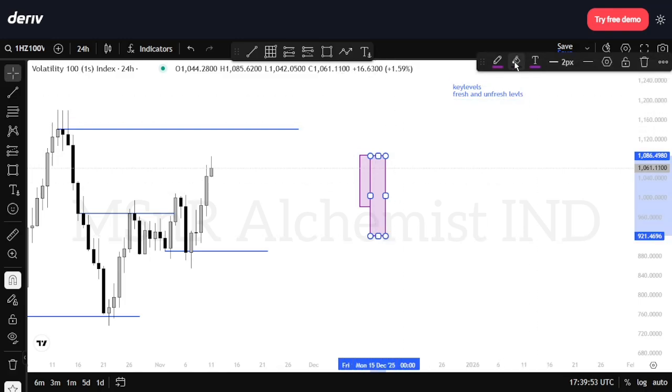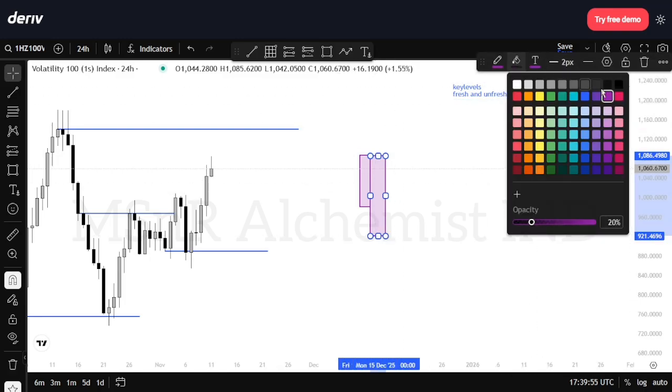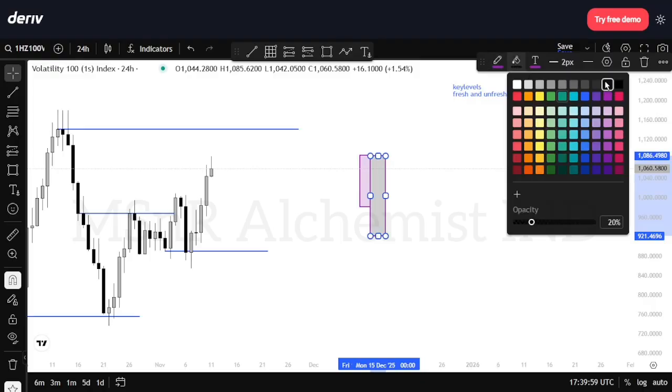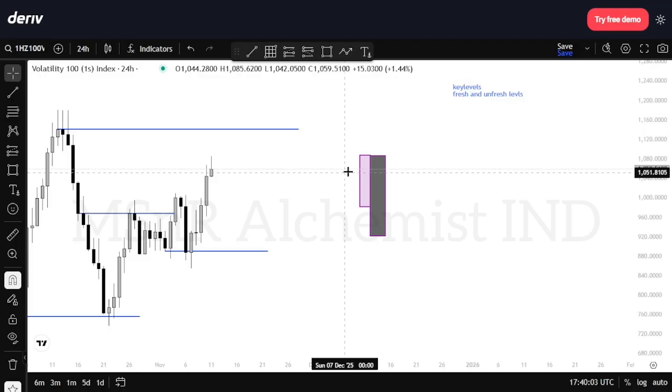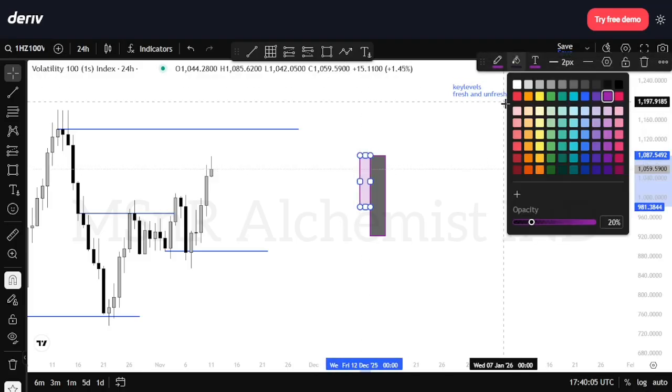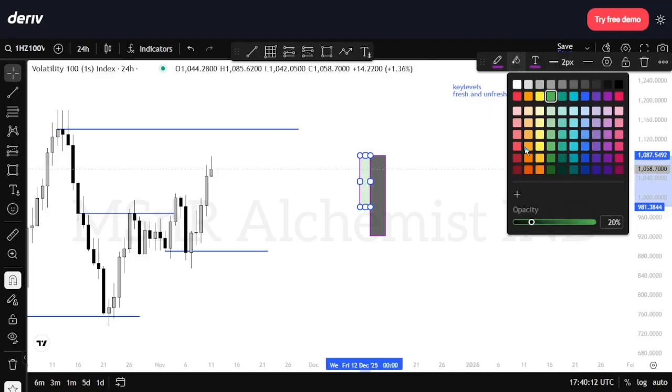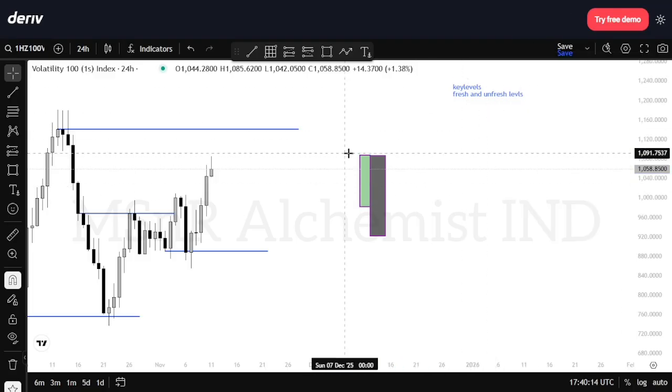I hope my English is not disturbing you guys. So this is a sell candle, this is a buy candle. When a buy and sell candle forms, it creates a resistance.